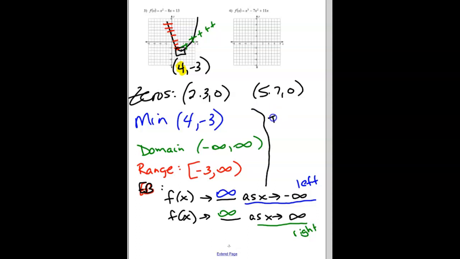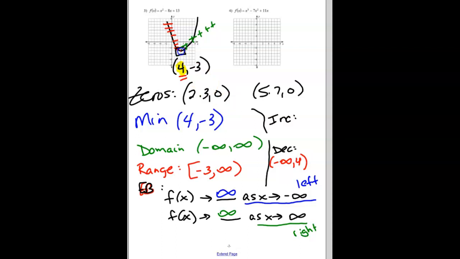When I come up with the increasing and decreasing interval, the roller coaster is decreasing from -infinity until it stops at 4. So we say -infinity to 4. Always use parentheses on increasing and decreasing intervals because, oh, I wrote that in the wrong spot. That was decreasing. Decreasing from -infinity to 4.